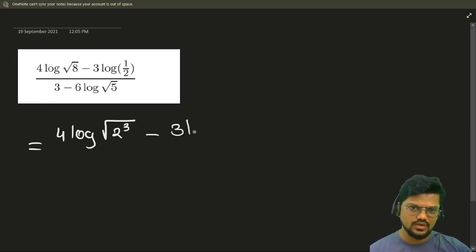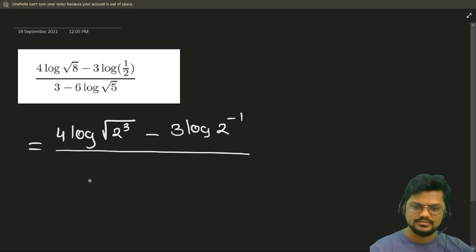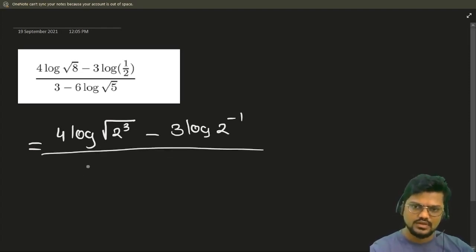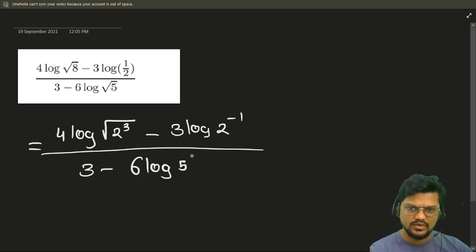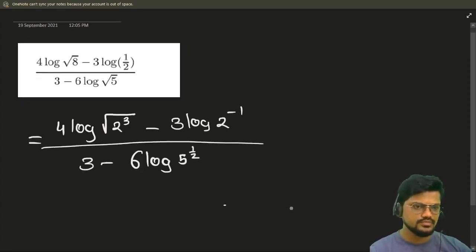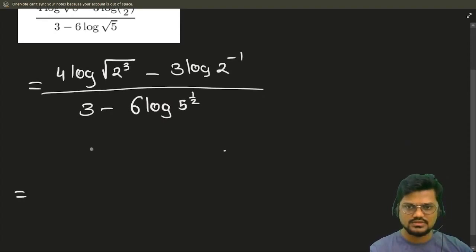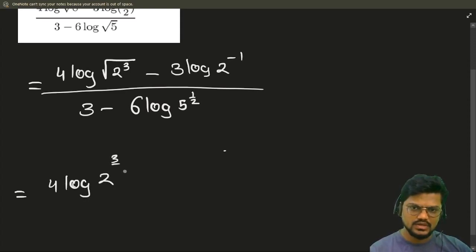So can I write it as 2 to the power minus 1? Yeah. This whole divided by 3 minus 6 log 5 to the power 1 by 2. I can write this. After this, 4 log 2 to the power 3 by 2 I can write.